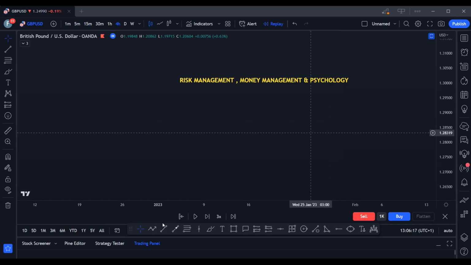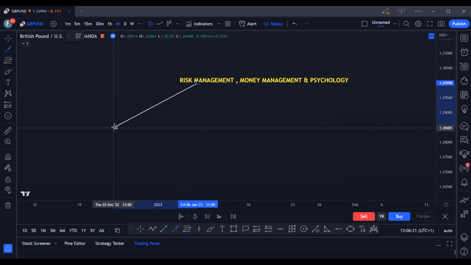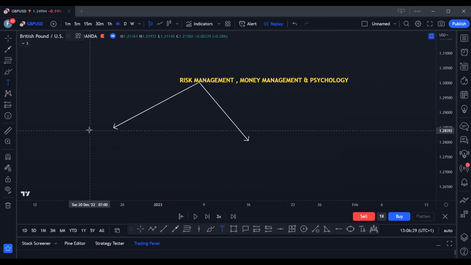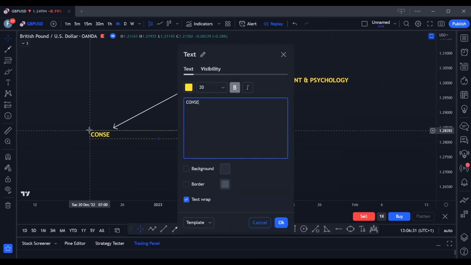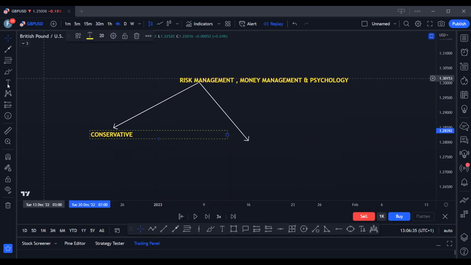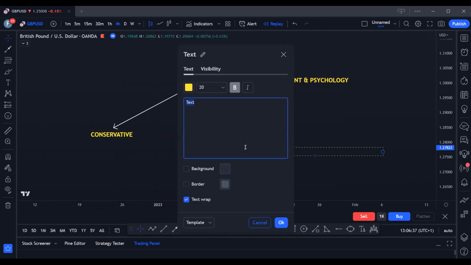So talking about risk management, let's divide this into two. There are two types of risk appetite, majorly. So depends on your appetite. If you're a trader, you can decide to be conservative, or you can decide to be aggressive.